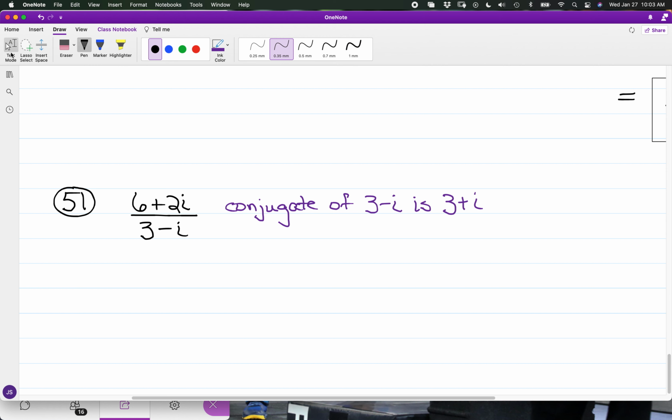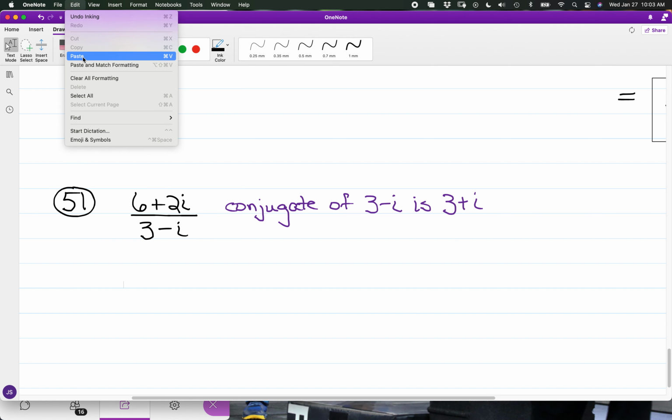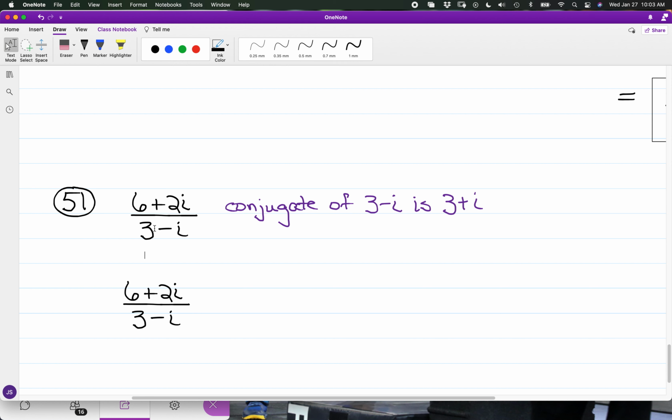So we have for this ratio 6 plus 2i all over 3 minus i, and multiplying the ratio by 1 in the form of the conjugate over itself. So we're looking at 3 plus i over itself.